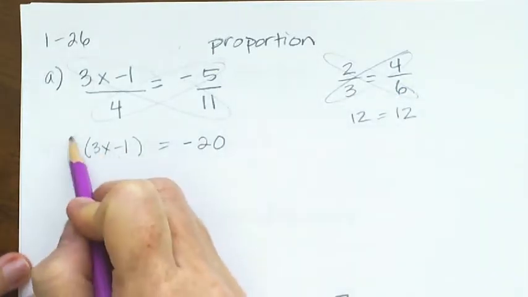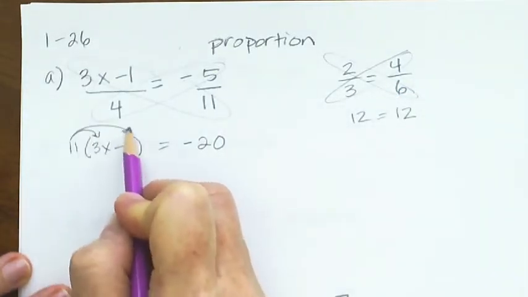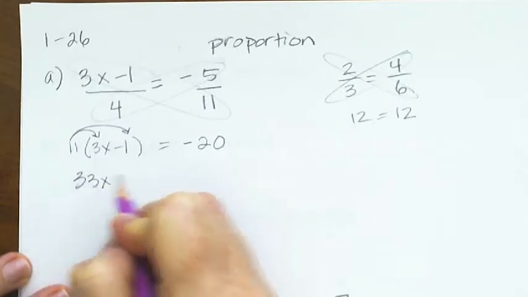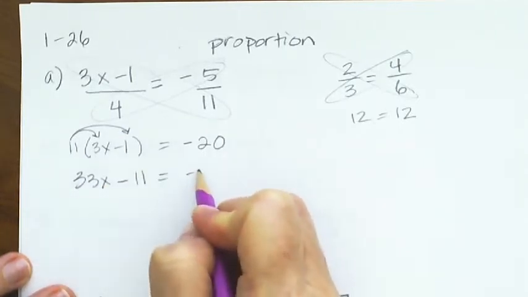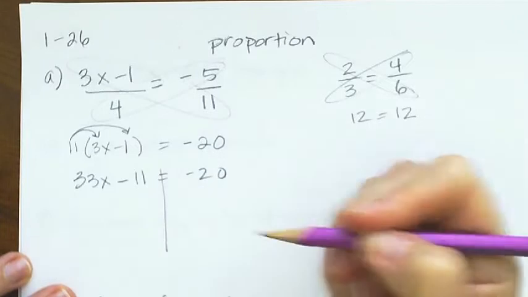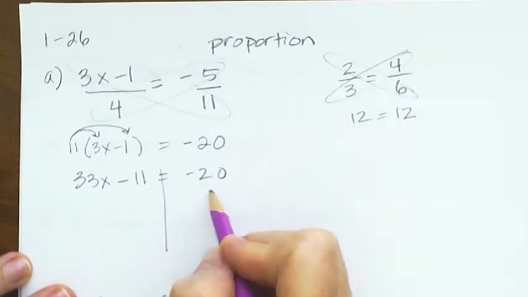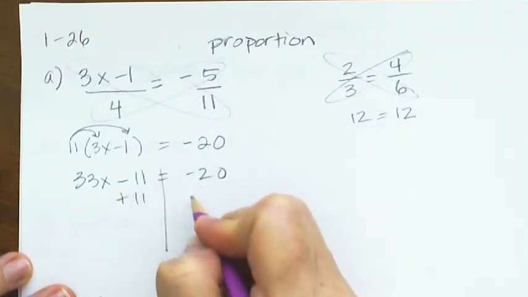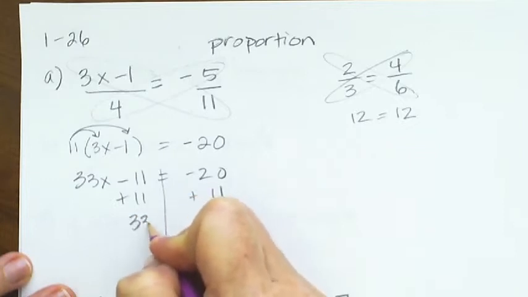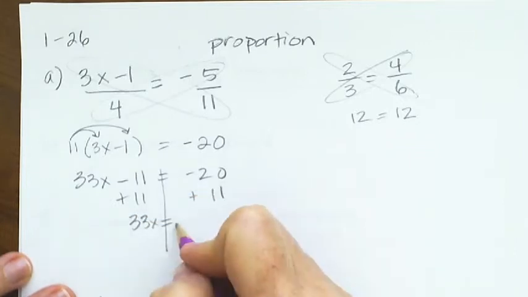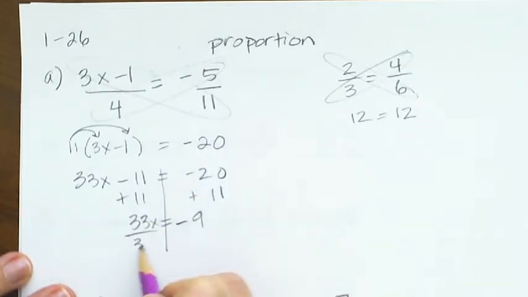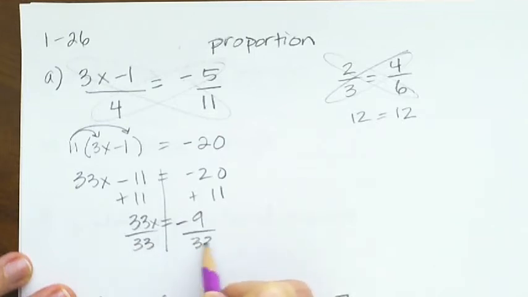Okay, we have distributive property here, so that's going to be 33x minus 11 equals -20. Let's isolate x by adding 11 to both sides, and that would be -9, and then we're just going to divide by 33 on both sides. So then x equals negative.